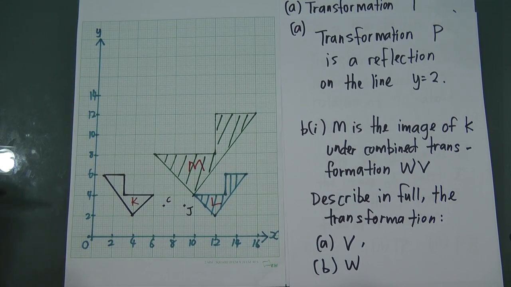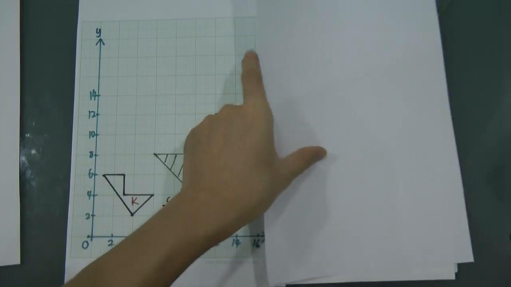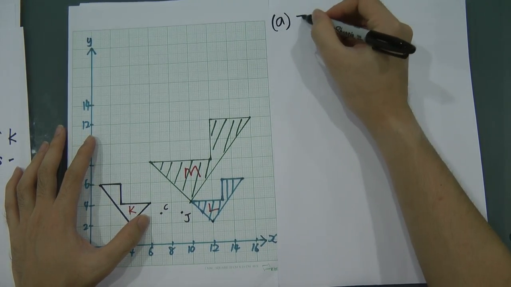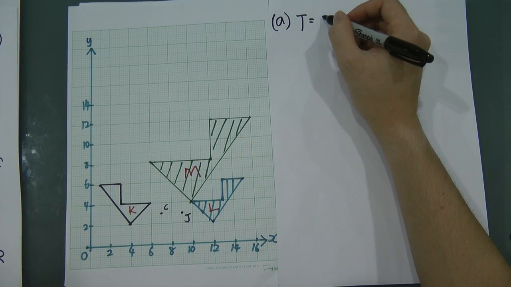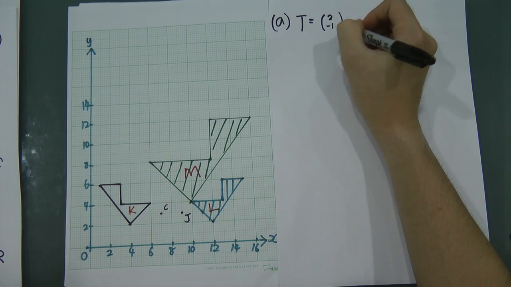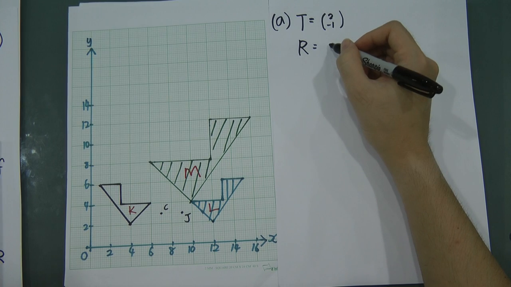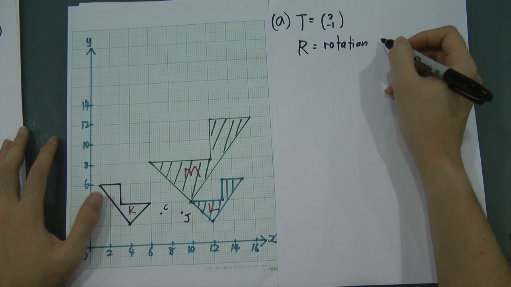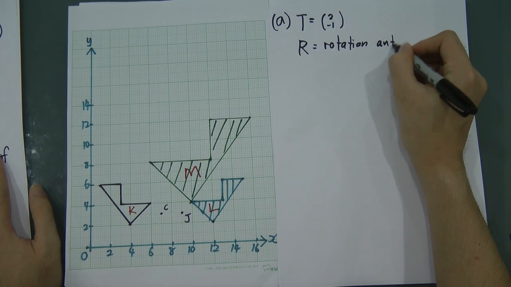Alright, so normally I solve the question like this. What I will do first is write down the information the question gives. T is a translation (2, -1). And R is a rotation, anti-clockwise.